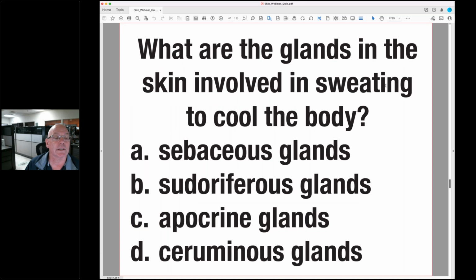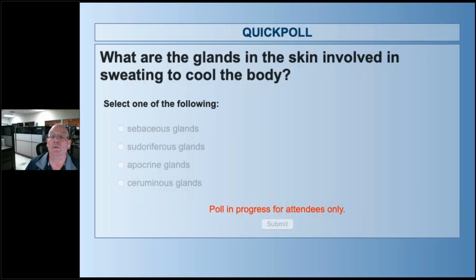What are the glands in the skin involved in sweating to cool the body? We went over this a few different ways. Is it sebaceous glands, sudoriferous glands, apocrine glands, or ceruminous glands?